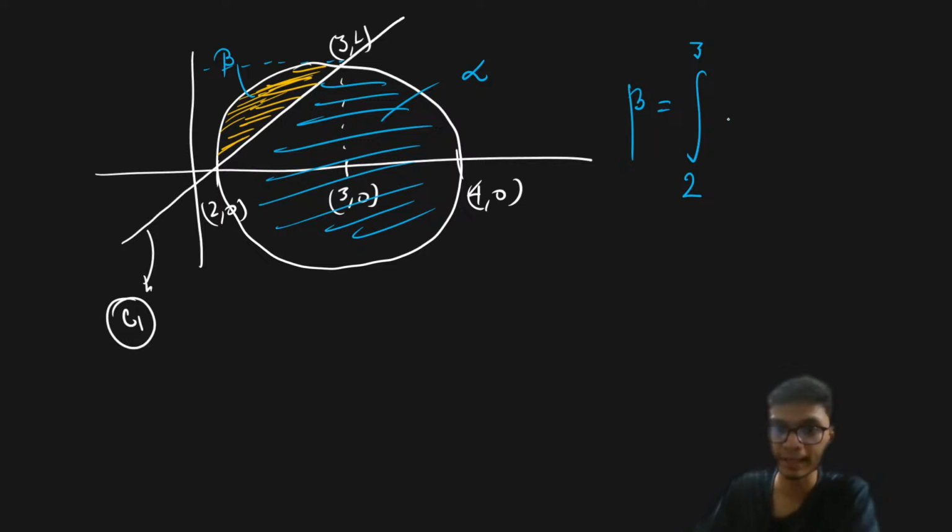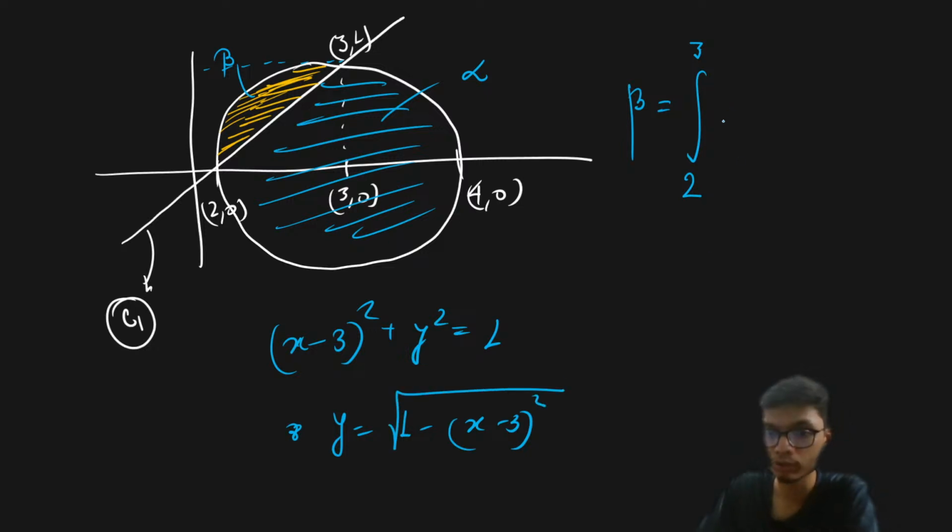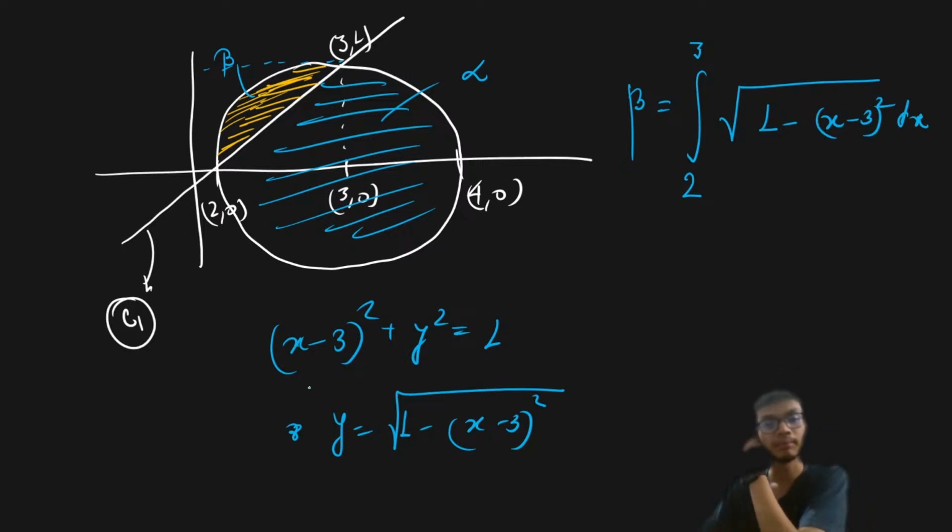This curve is a circle with center (3, 0) and radius 1, so y is the square root of 1 minus (x minus 3) whole square, dx. I should also take the subtraction part as well.